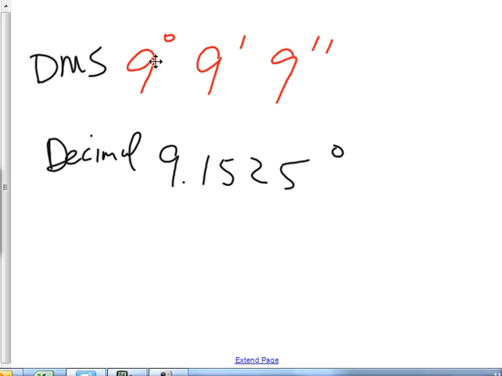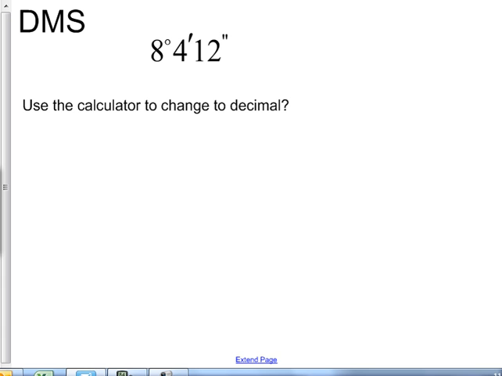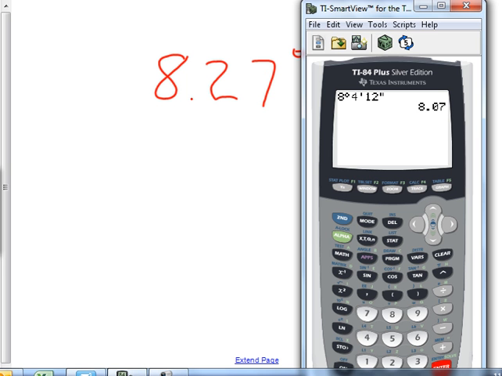All right. Next thing. Can I start with the decimal and get it to this form? Like what decimal would give me this? Well, I can start with a decimal of, let's say, 8.27 degrees, and I can figure out what that is in minutes and seconds. Type it in, 8.27. And now go to the same menu.